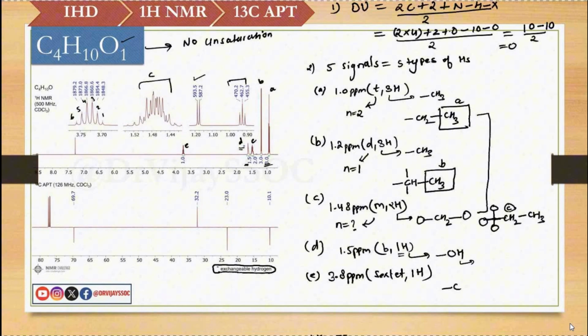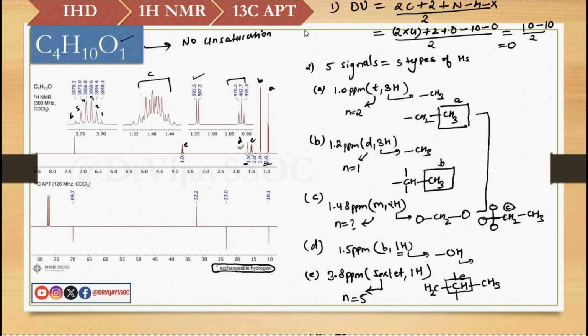This hydrogen is attached to CH3 on one side and CH2 on the other side, because this gives an N value equal to 5: 2 hydrogens from this methylene and 3 hydrogens from this methyl group. So it could be the E type of proton, but we don't know exactly what the other substituents are.